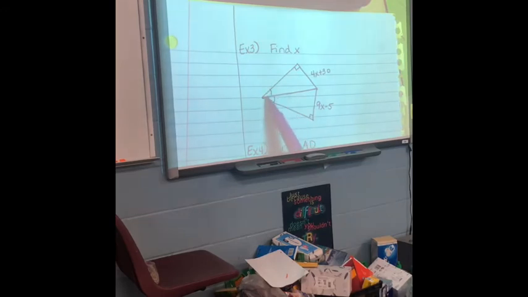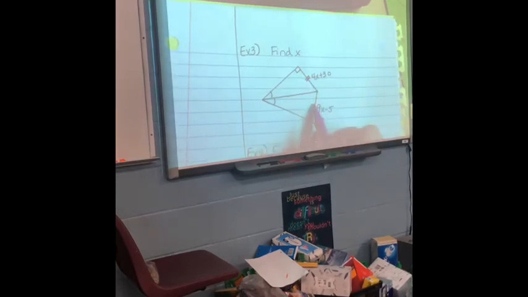But the reason I know this is an angle bisector is because these two angles are congruent. Now, because I know that it's an angle bisector and these lines go out perpendicular, what do I know about those two segments? They are also congruent. And if they're congruent, the two expressions are equal.